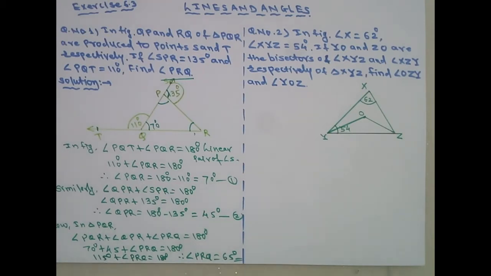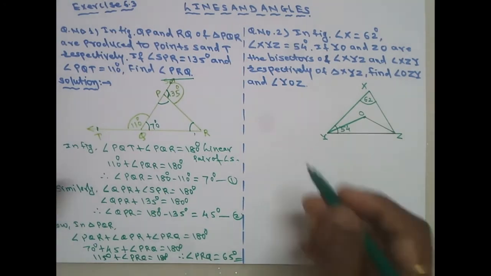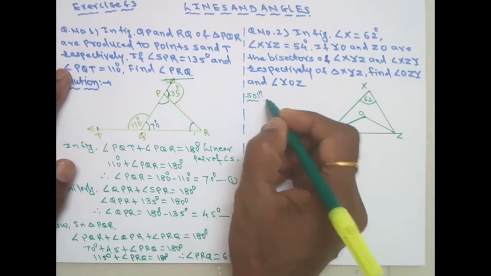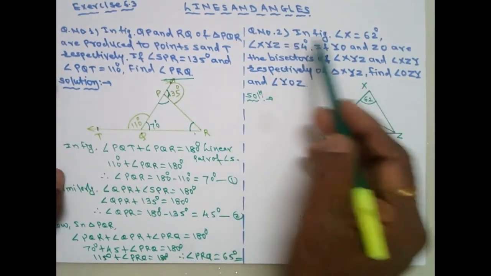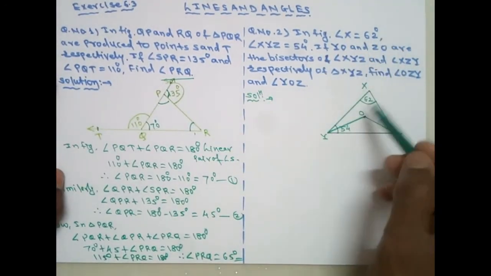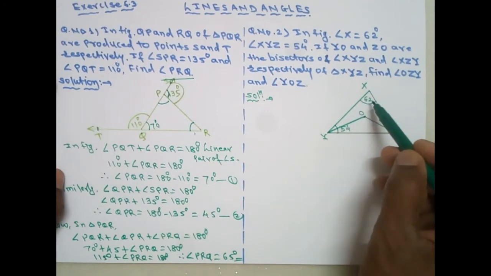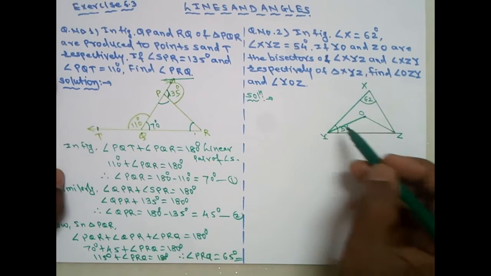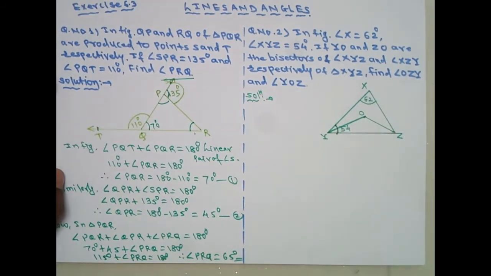Now come to another question. Here solution. See question number 2. In figure, angle X is 62. This is of 62 degree. XYZ angle 54. XYZ, this complete angle is 54.